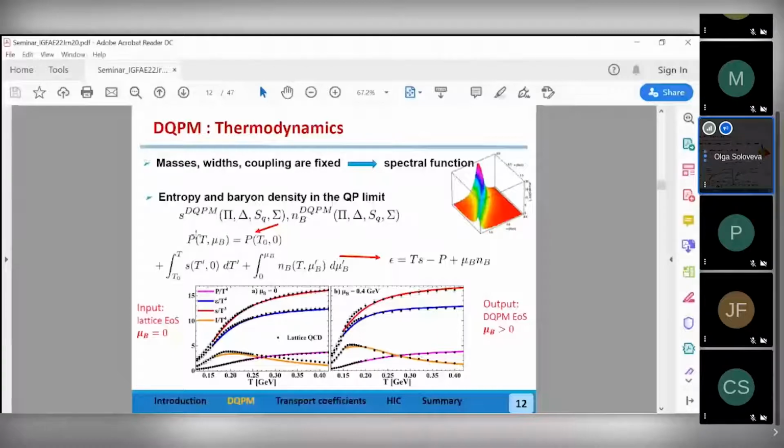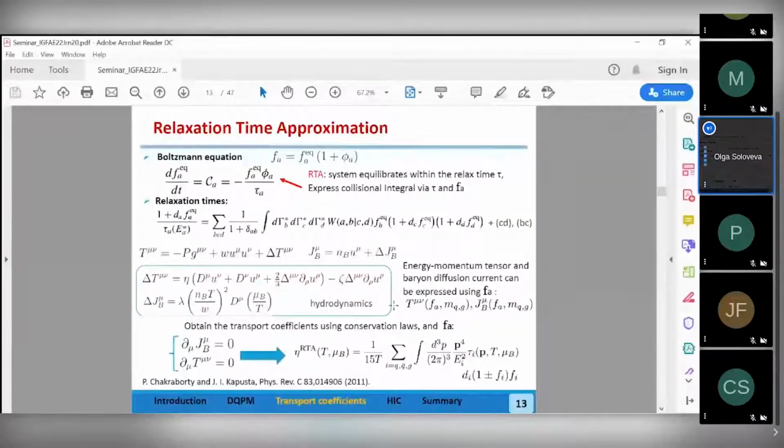Now that our parameters are fixed, we can calculate more interesting quantities. But our goal actually is the transport coefficients. Just a small reminder about transport coefficients in the relaxation time approximation.